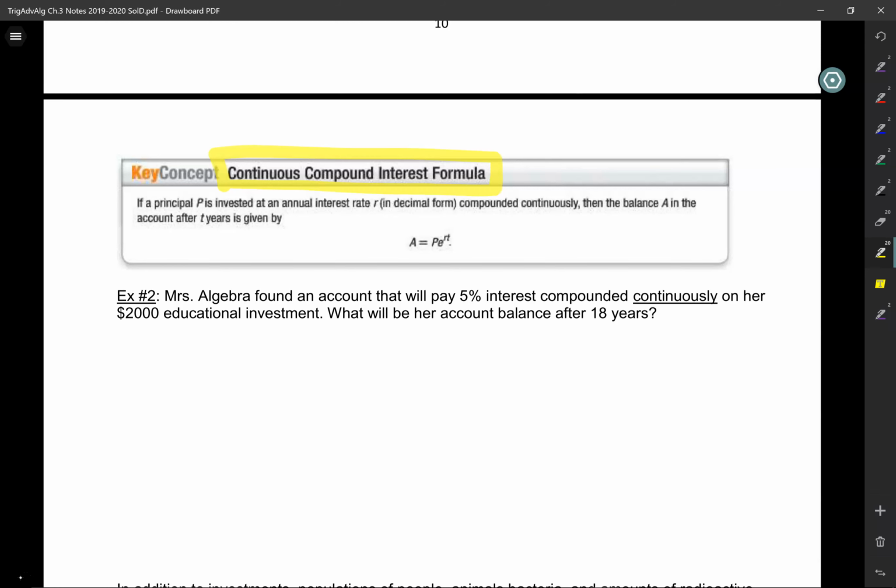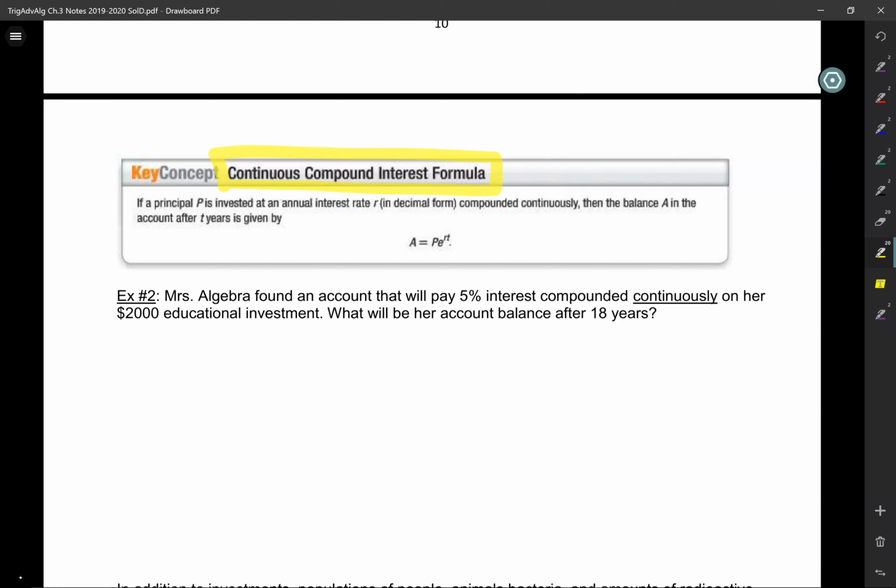So here, it's not that the bank is paying you one time a year. It's not that they're paying you every single day. No, it's more than that. The computer is calculating interest and paying you every nanosecond of every second of every day. So it's like, you just got paid again, got paid again, got paid again. So imagine how much more money that account is going to pay.